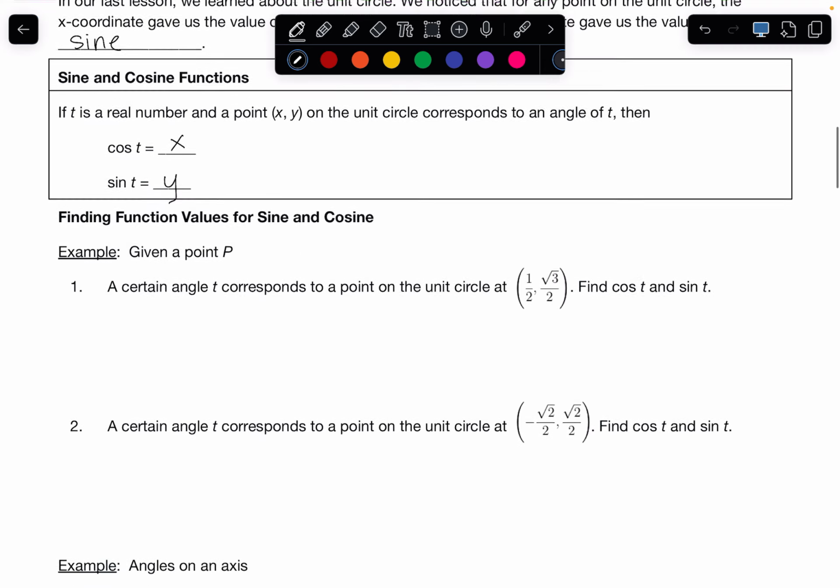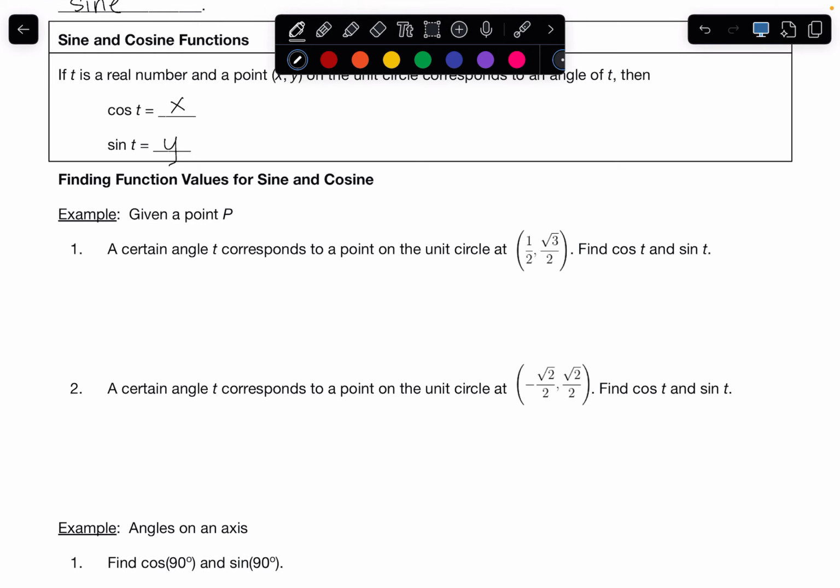So for our first example, it says given a point P. In this case, a certain angle T corresponds to a point on the unit circle, 1/2 comma square root 3 over 2. It says find cosine T and sine of T. So cos and sine.